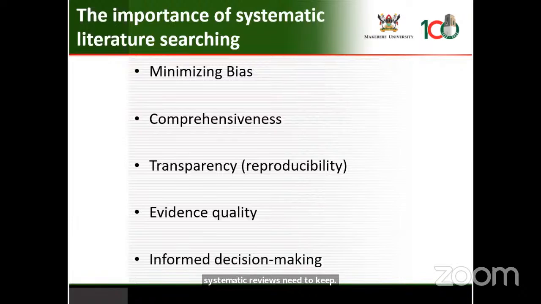So when you're updating, maybe after 3-4 years, it means you're going to use the same search strategy that you used in the previous review. So there has to be something we call reproducibility, so that the search strategy that you used 5 years ago, you use it again, it should give you almost similar results.